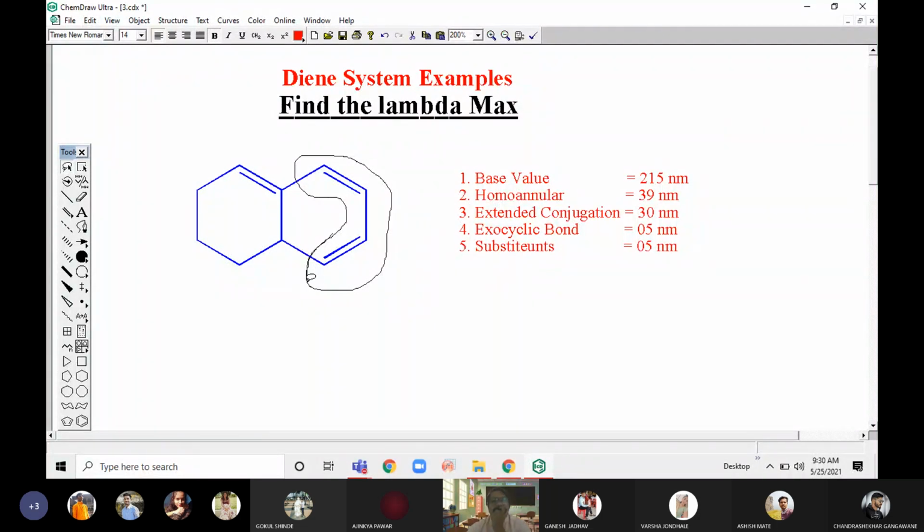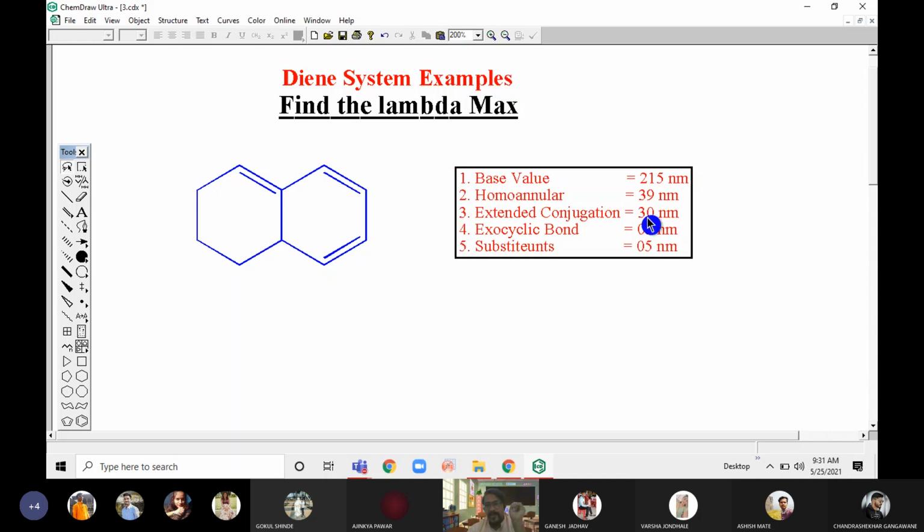And to this Diene system, the bond present in the second ring is in conjugation to this. Conjugation means it is separated by only a single bond, right? So there is a Diene plus one extended. So I was able to find one extended, so I can write 30 nanometer. There is only one extended conjugation. Okay, so 30 nanometer is there.